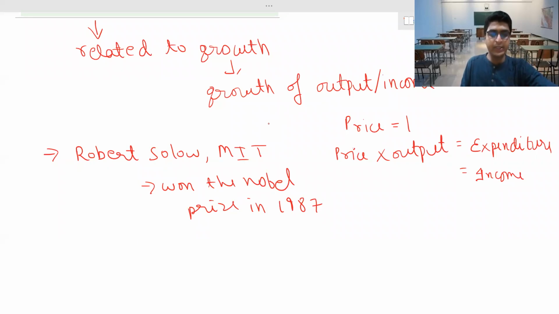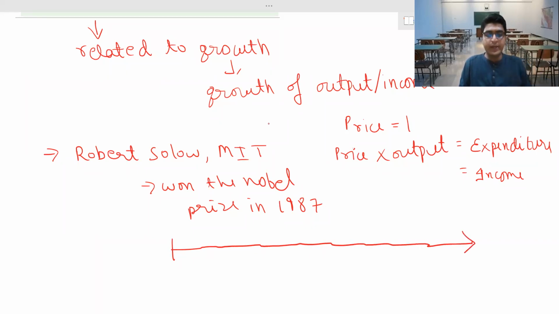So broadly, the period of economics is divided into 2 parts. One is classical economics, and the other one is neoclassical economics.